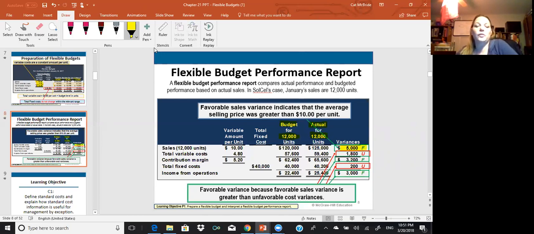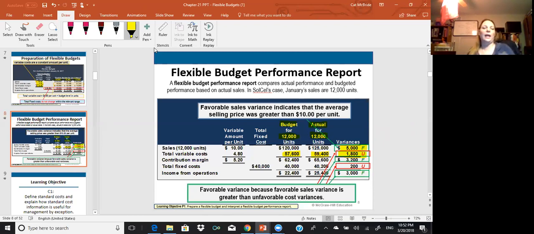Our variable costs are supposed to be $4.80 per unit. So based on our budget, it should have been $57,600, but in actuality, we spent $59,400. So we have an unfavorable variable cost. And of course, this is rolled up, we've lost all the detail, so we can't really go investigate anything from here.